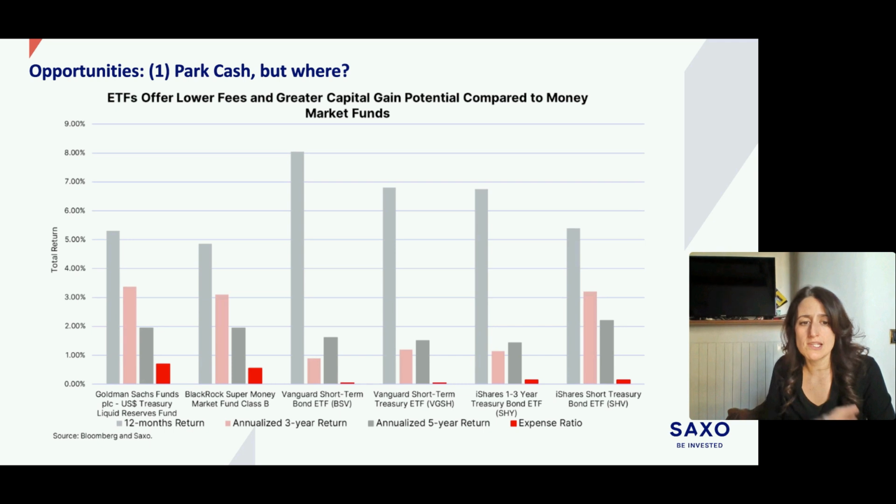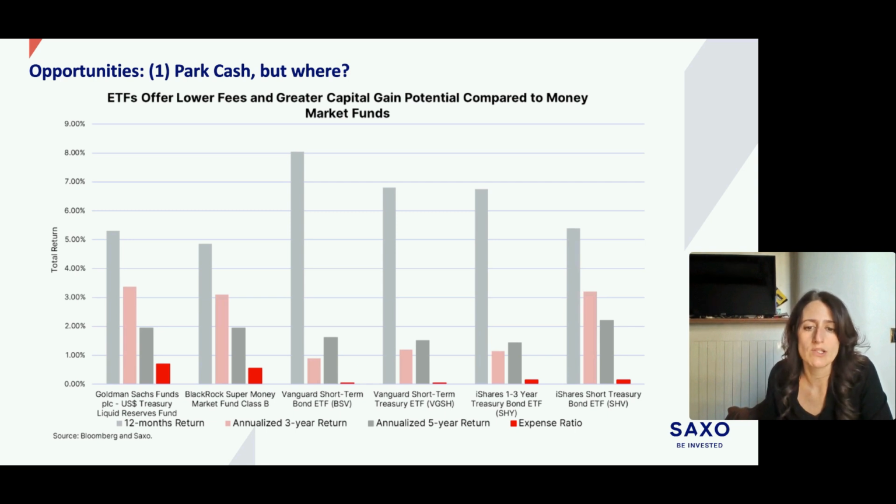And in this chart, I'm showing you the total return for the past 12 months, 3 years, 5 years, and the expense ratio, because money market funds are also more expensive than traditional ETFs. And what you can see is that the first two are money market funds. There are two popular money market funds: the Global Saxo Funds US Treasury Liquid Reserve Fund, and the BlackRock Super Money Market Fund.